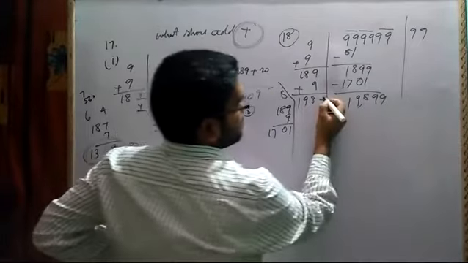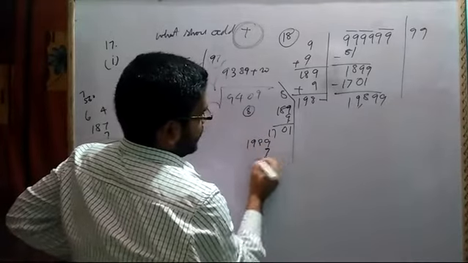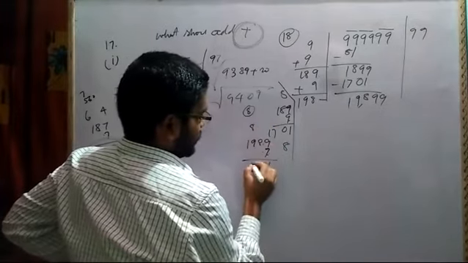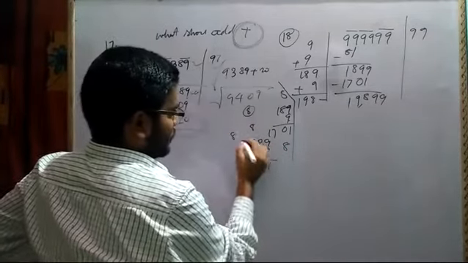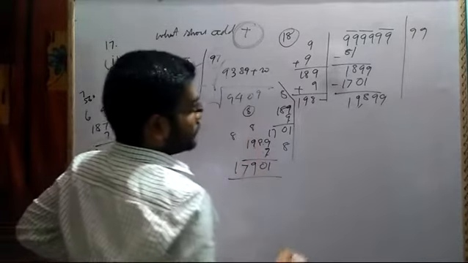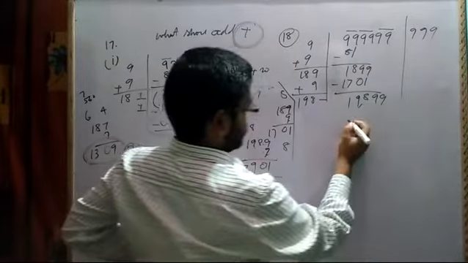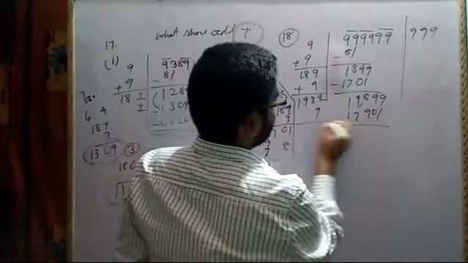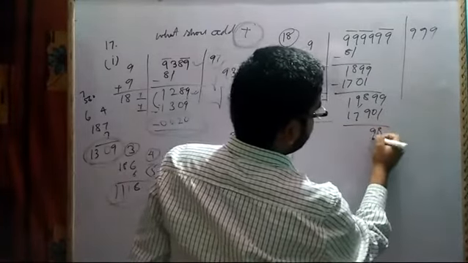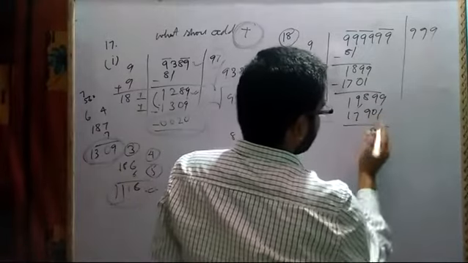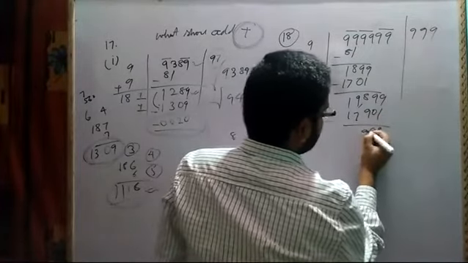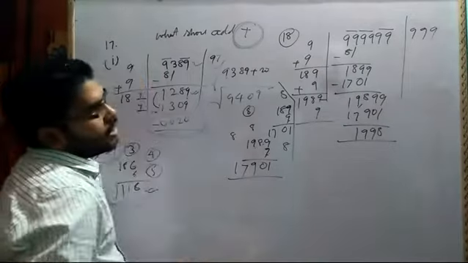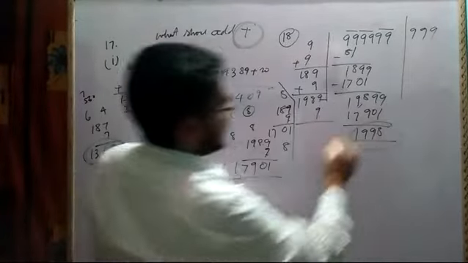If I write 9, 19899 multiplied by 9, this much. Now is there any other number? We are having 1998.